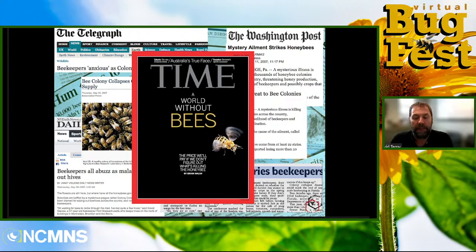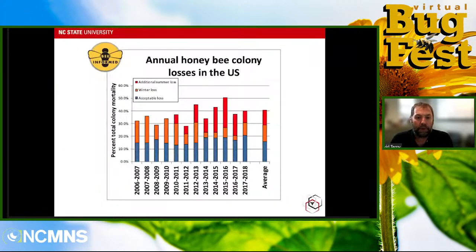and with it being the only reason why they're dying. But in reality, what we see in the managed honeybee population is that the number of colonies dying off every year has varied over time, but it has been averaging around 40% of the managed honeybee colonies in the US dying off every single year, which is really, really shocking and very problematic.